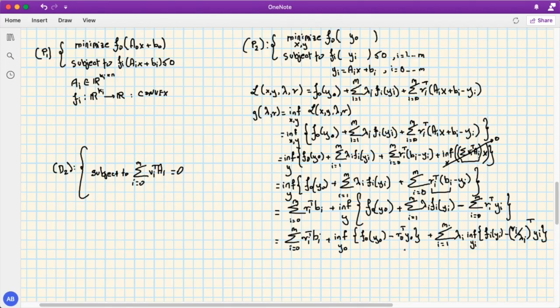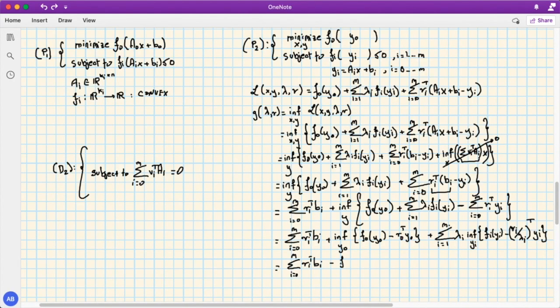Now, why did we write this? It's because each term looks almost the same. And this guy, as we saw previously, is the conjugate of f0 of nu 0. We should write minus, because minus supremum, flip those two terms, then we get the conjugate function.